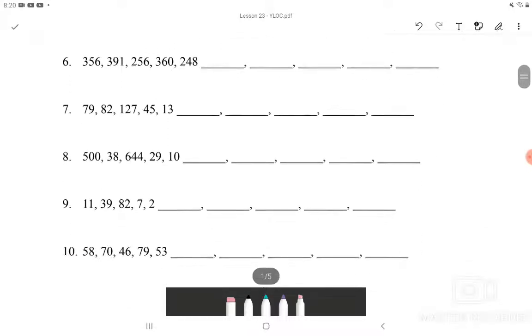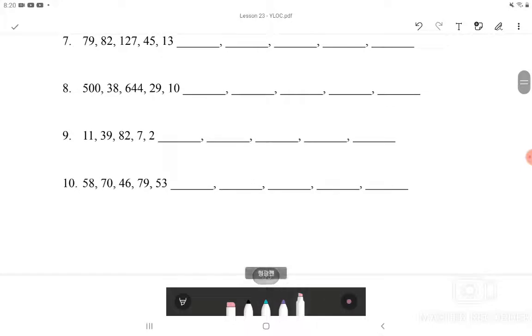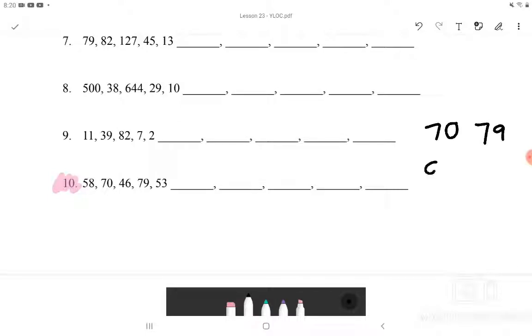I will also be doing number 10. When we look at this, we know that there are two numbers that start with 7, which are 70 and 79. And we know that 9 is greater than 0. So 79 will come first and then 70.